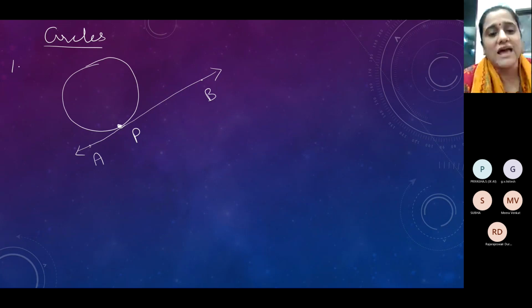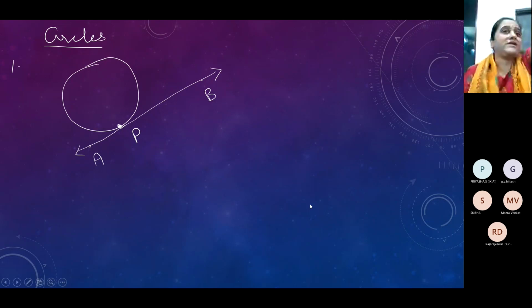So we say AB is a tangent to the circle at P because it touches the circle at exactly one point. A tangent is a line that touches a circle at exactly one point. So that's what a tangent is.